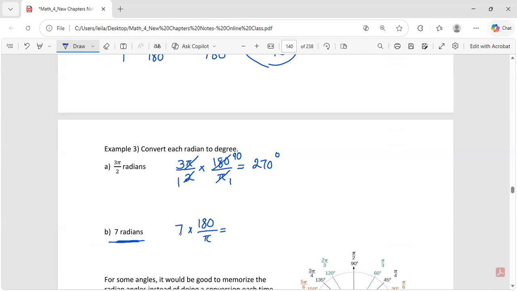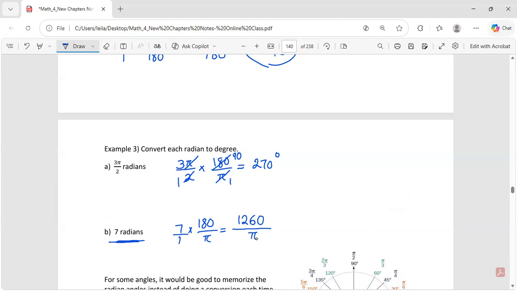Okay, but if the number, like example B, doesn't have pi, when you multiply by 180 over pi, pi cannot be canceled. You can just multiply across. There's nothing that you can simplify. And if you multiply 7 by 180, you will get 1260 over pi.